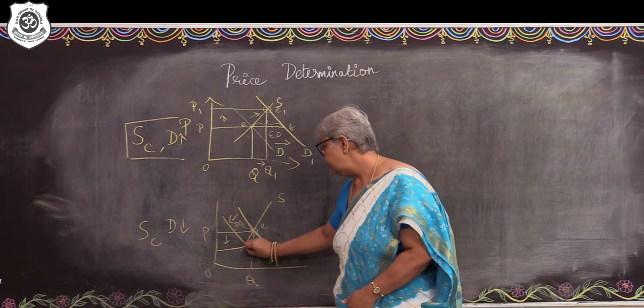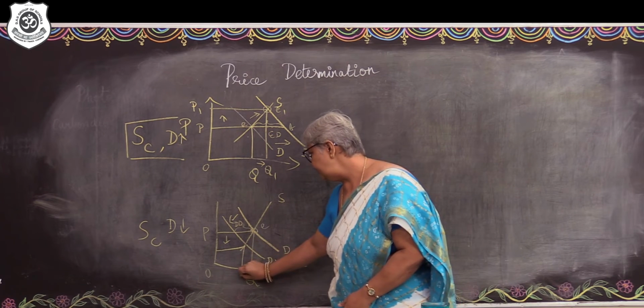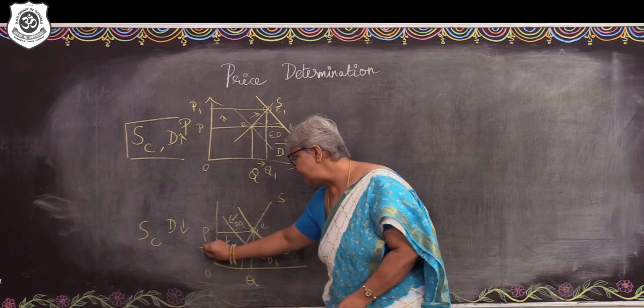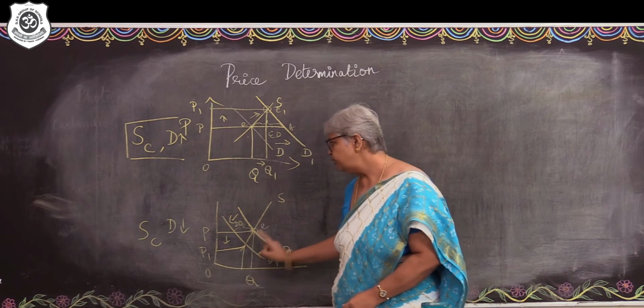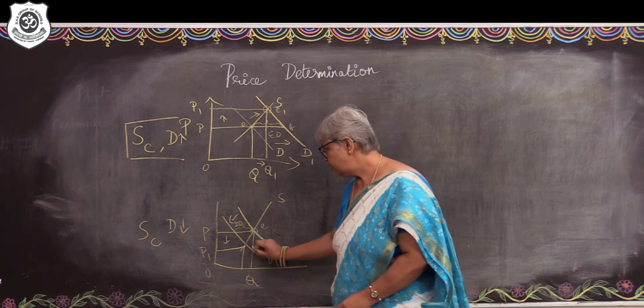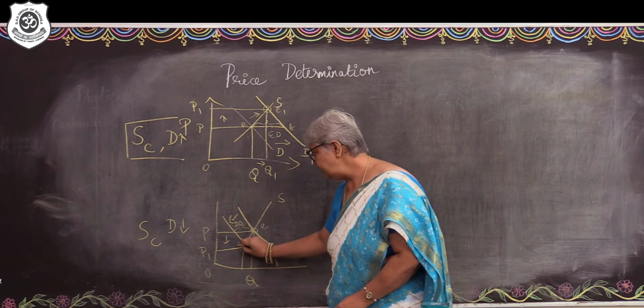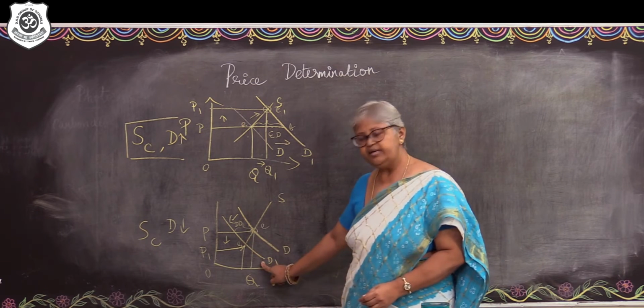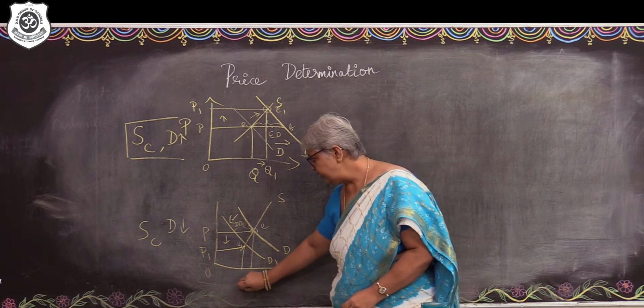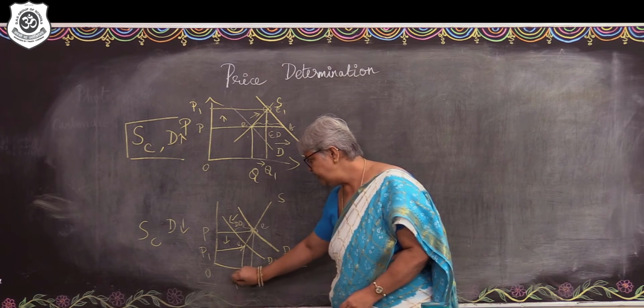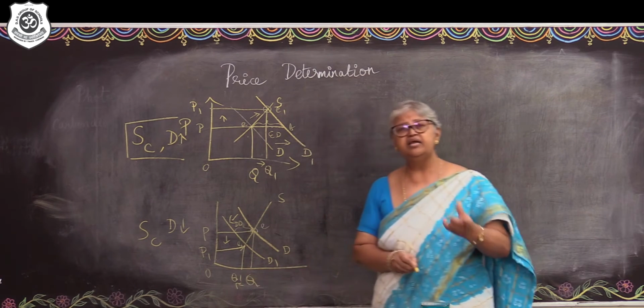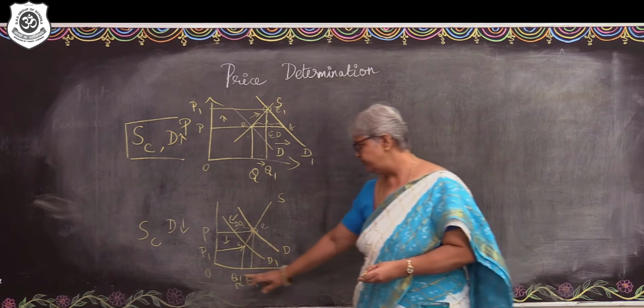So the new equilibrium will be attained at a lower price, let's say OP1, to the left of this original equilibrium at E1 on the new demand curve. And look at this, the quantity that is transacted in the market will also be lower, right?